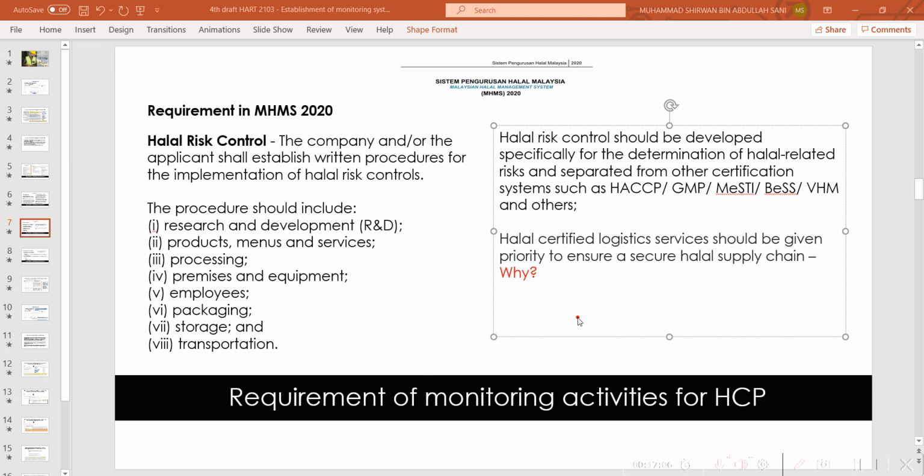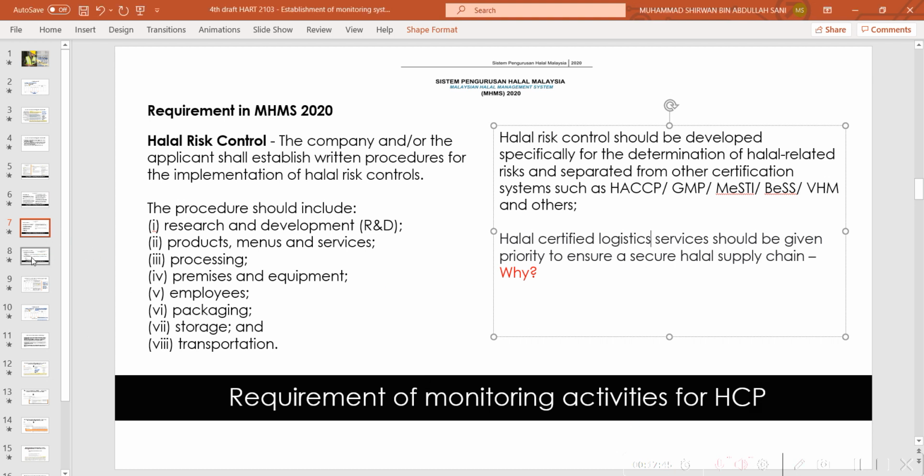So in this case, we still can produce halal products without using halal certified logistics, halal certified transportation, or halal certified warehousing. But when the 2019 version was issued, this statement has been mentioned in the MS. So this indicates that in the future, the authority will be requesting the company to really use halal certified logistics to transport, to store their product, or to get involved for retailing. All right.